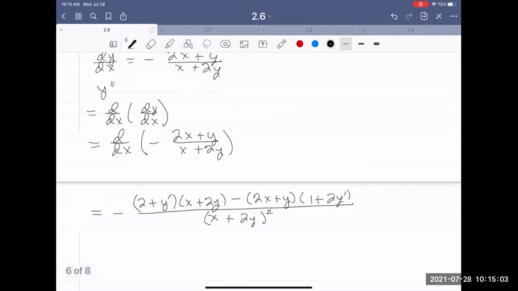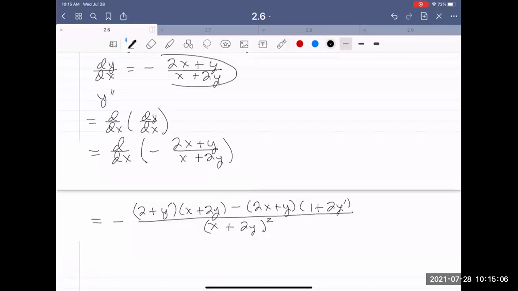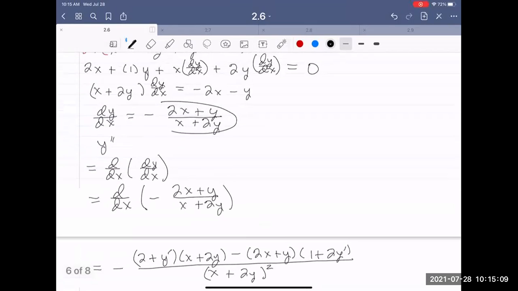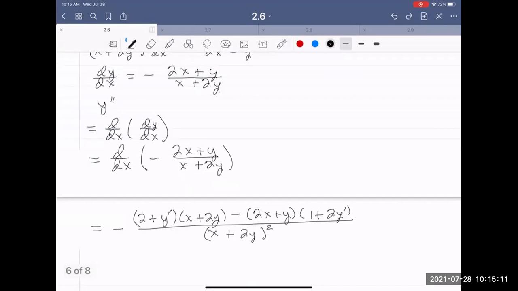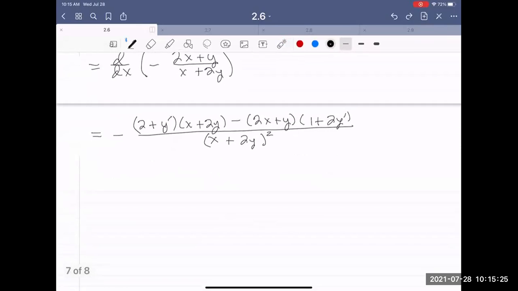Now you have to plug in what y prime is. Y prime is this. So wherever I see a y prime here, I'm going to have to replace y prime by this. And so it's equal to minus 2 plus y prime, which is a 2x plus y over x plus 2y. All times x plus 2y.